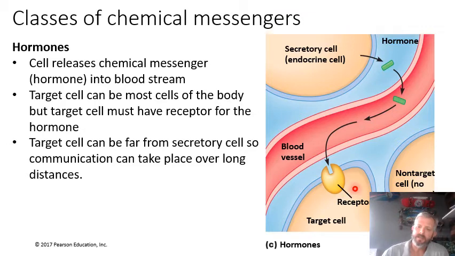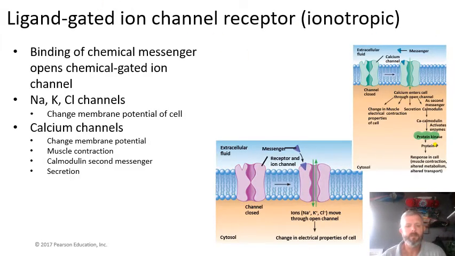So that's for one side of the equation, in that we have the different chemicals. Now we're going to look at what happens when these chemical messengers bind to the various receptors. So we're going to look at the different classes of receptors for these chemical messengers. The first class of receptor we're going to look at here is ligand-gated ion channels, also called ionotropic receptors.